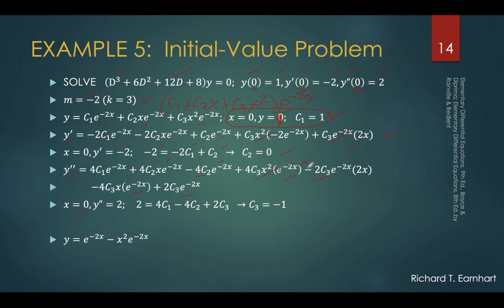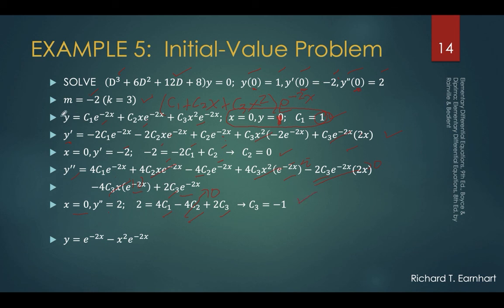So you get negative 4 c1, negative 4 c2, and then 2 c3. c1 is 1 here, and c2 is 0, so this is 0. And for c3, negative 4 plus 2 is negative 2, divided by 2, that gives you c3 equals negative 1.